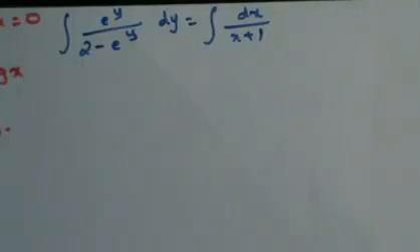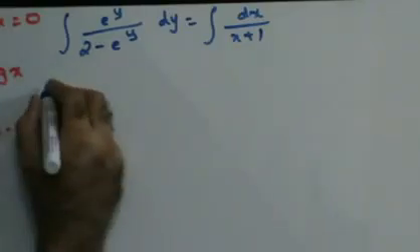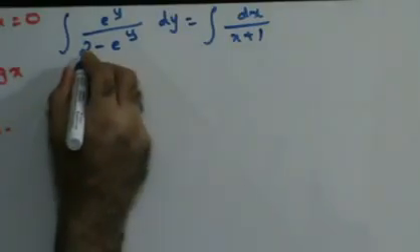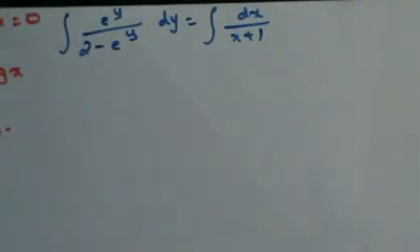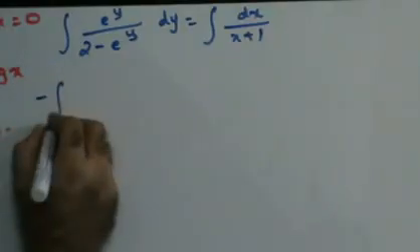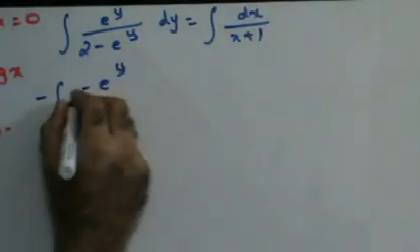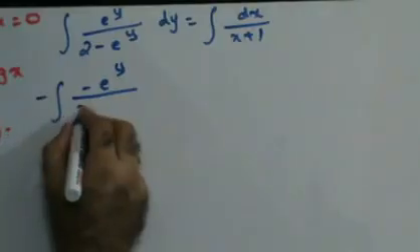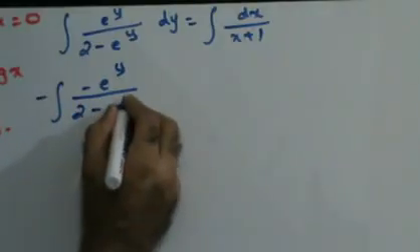Right, LCM I have taken, and the denominator of the denominator becomes numerator. Now, we know that d by dx of 2 minus e raised to y is minus e raised to y. So I'm going to put a minus sign outside and a minus sign inside, so that I can make the numerator to be the derivative of the denominator.